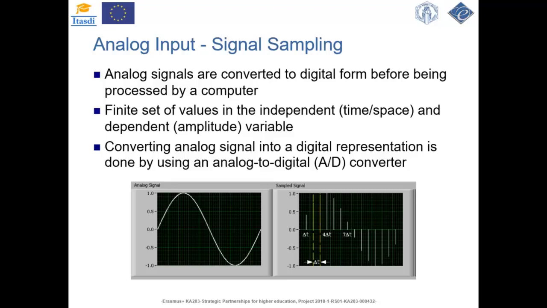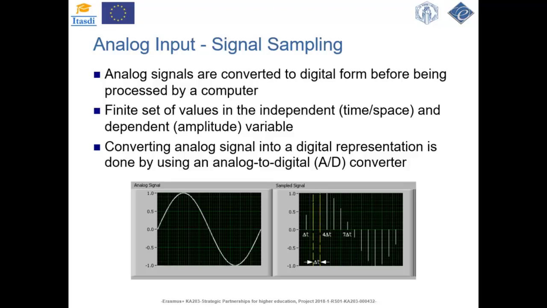This is done by taking a representation of the analog signal as a finite set of values in the independent and the dependent variable, where the independent is most often time or space, and the dependent is most often the amplitude. And converting an analog signal into its digital representation is done by using an analog to digital or AD converter.